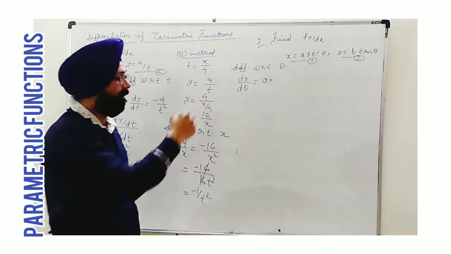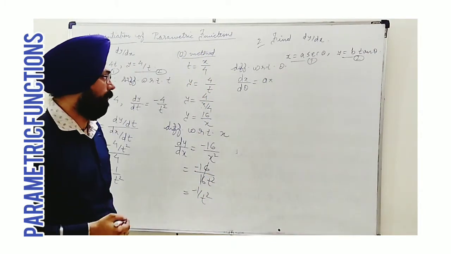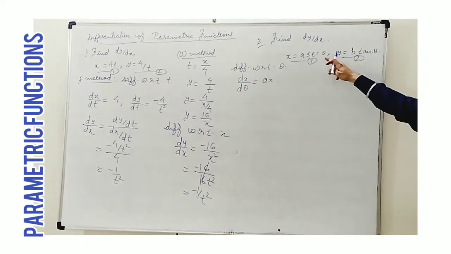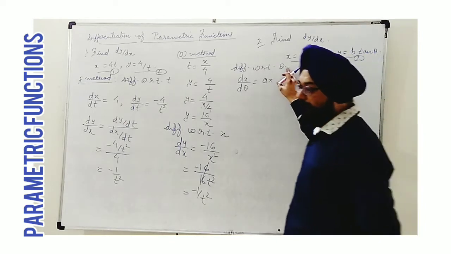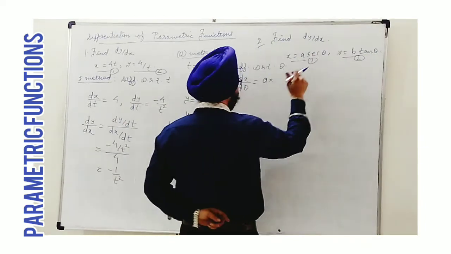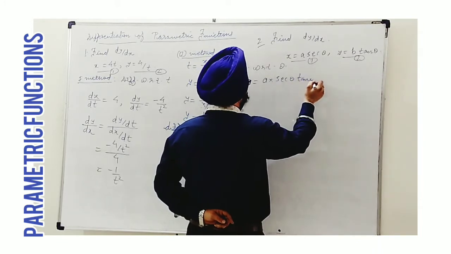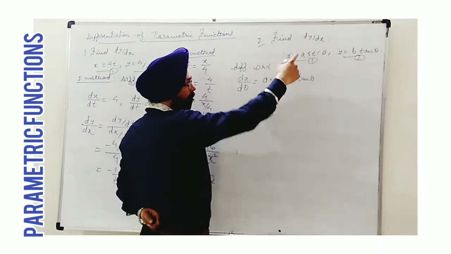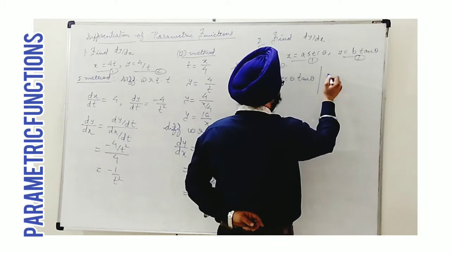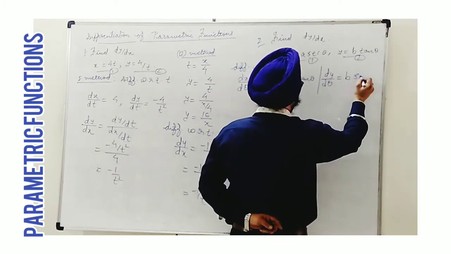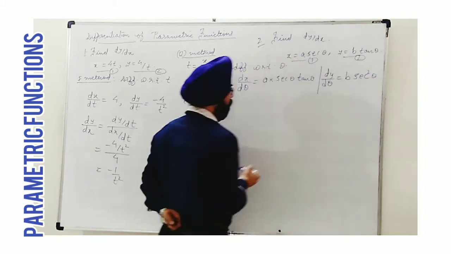A and b are constants in the equation. Theta is the parameter, as the functions sec and tan are applied on theta. Now sec theta with respect to theta we are doing. So sec theta differentiation is sec theta tan theta. And if I find dy by d theta, this b remains as it is. Tan theta differentiation is sec square theta.